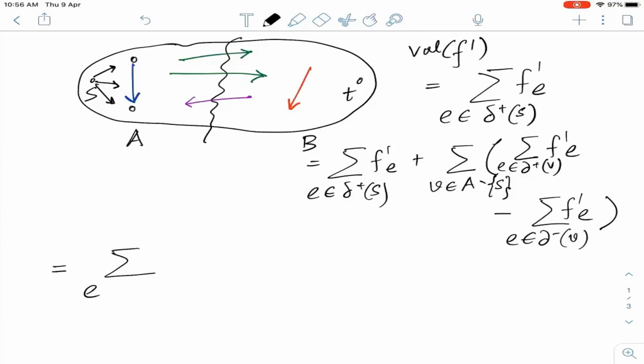I hope everyone gets the question, right? There would be these cancellations and all that. So which are the edges whose flow stays back in the summation after I have done these cancellations? Which are the only edges that are relevant?